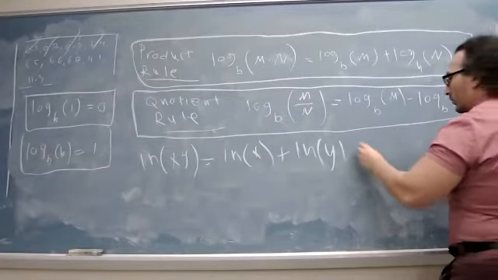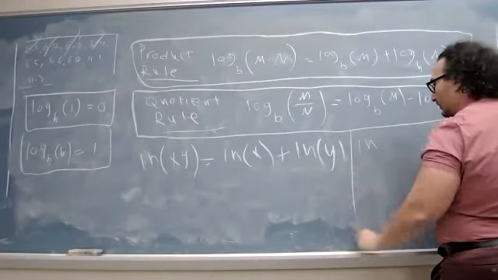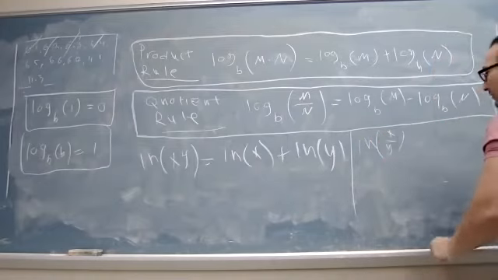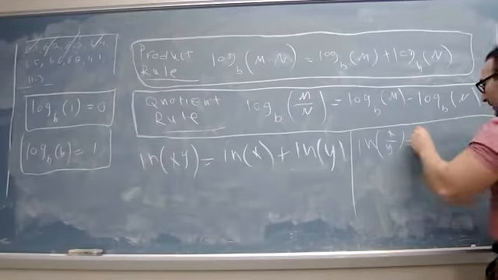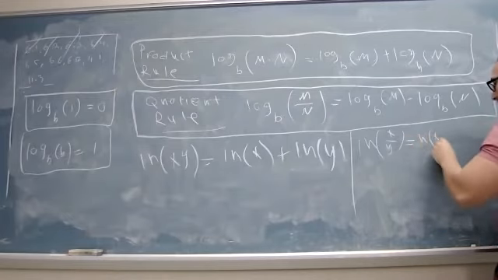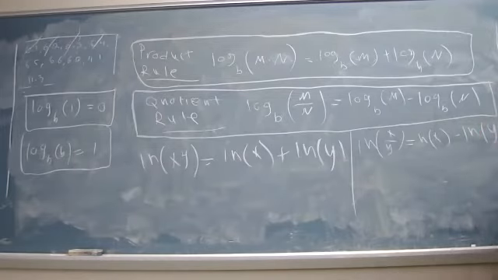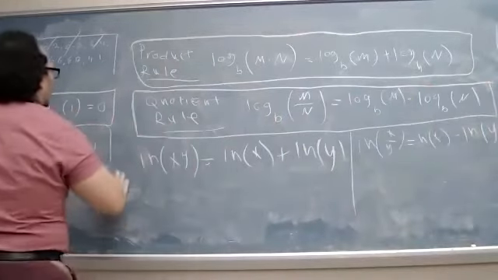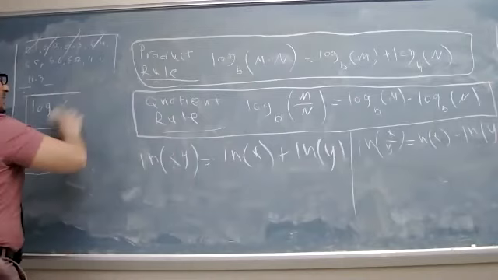Also, what about the natural log of x divided by y? Oh, well, the quotient rule says that this is equal to the natural log of x minus the natural log of y. Okay? So, that is too easy.